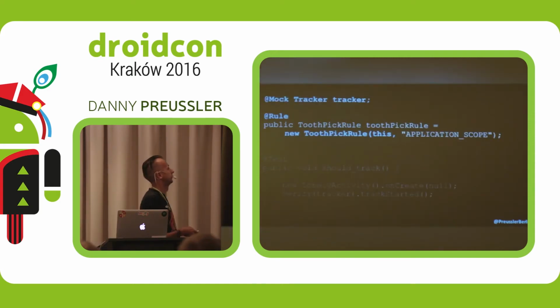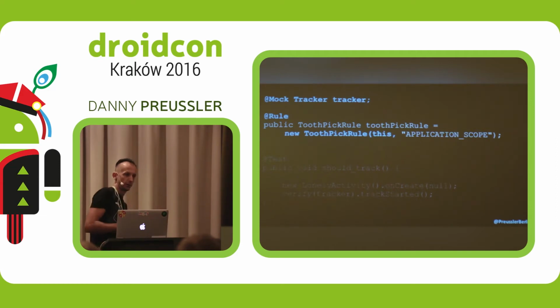Let's look at how I would do this with Toothpick. Toothpick comes with test tools, something like you might know from Espresso. And what I would say here is, whenever someone asks for the application scope, also check in this object. It's just an object, the first parameter.